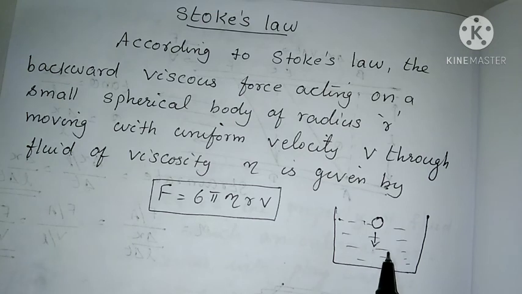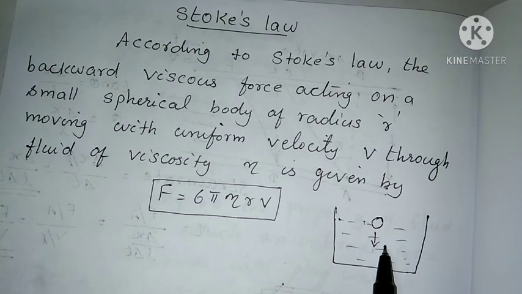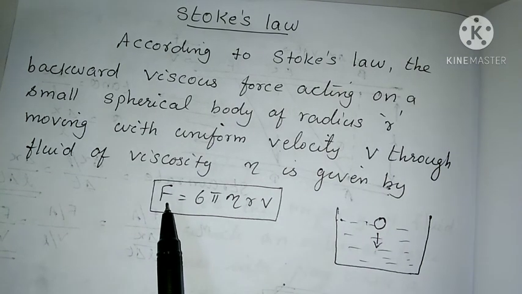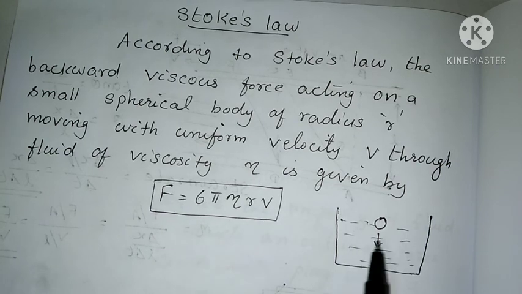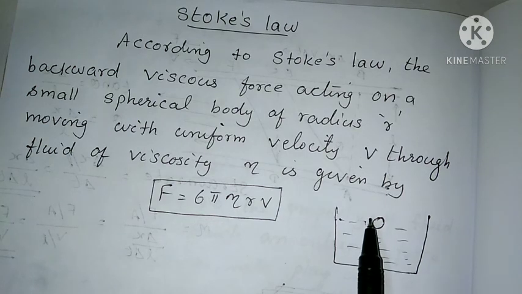Okay, as a result, what happens? The body experiences a viscous force. This tends to retard its motion. This retarding force, F, increases with the increasing velocity of the body. That is, velocity of the body increases, then retarding force also increases.